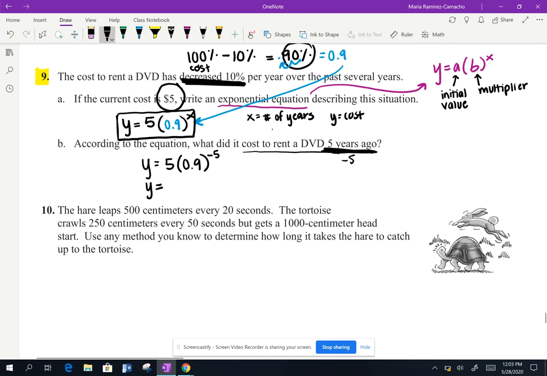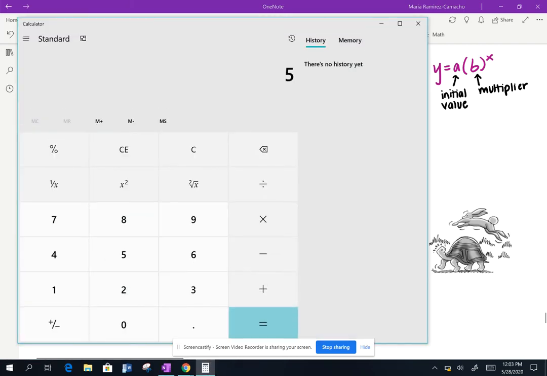And now I just have to calculate this. You can do this on your calculator. 5 times 0.9 to the power of -5.